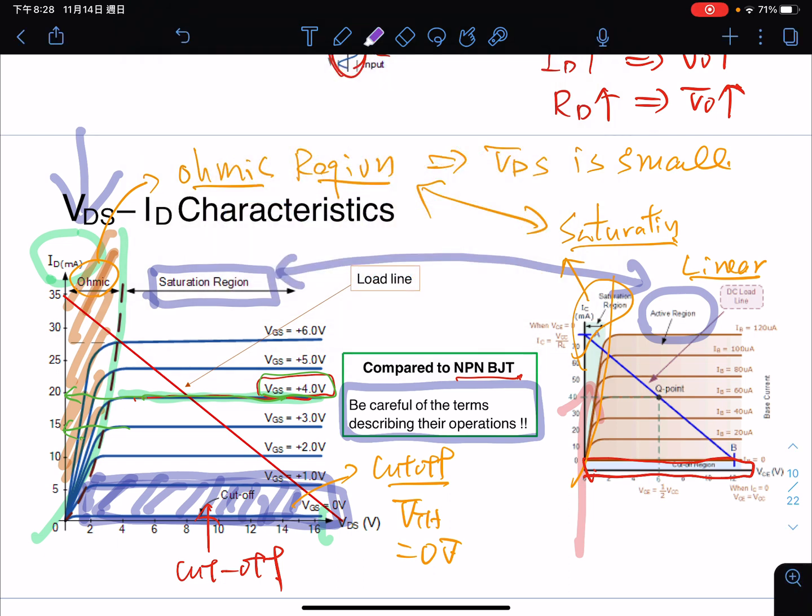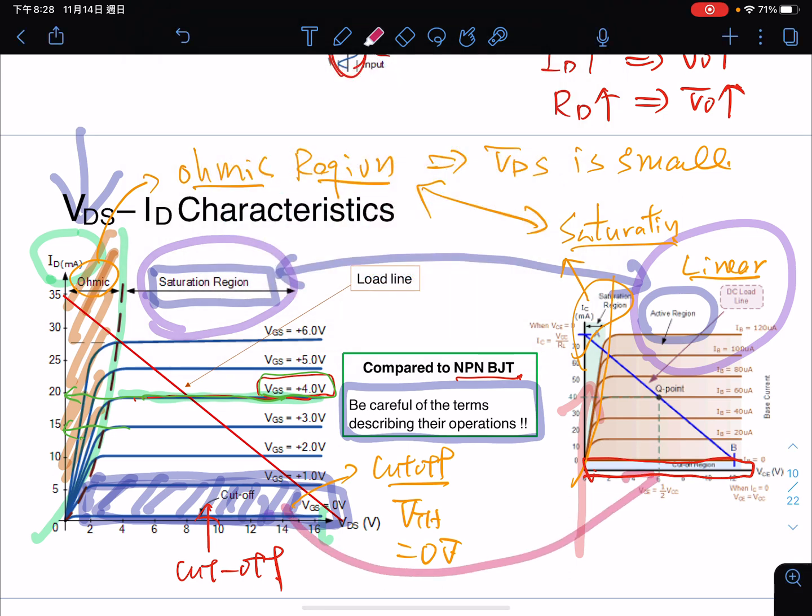The saturation region here is similar to the linear region or the active region of a bipolar junction transistor. And we also have the cutoff region here. Okay, please compare their differences. Okay, and similarly, we can have a load line here, and we can discuss it later.